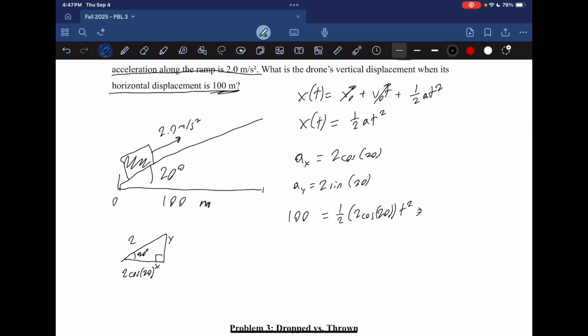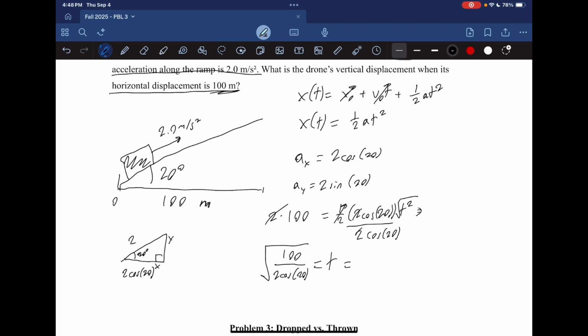We multiply both sides by 2 to get rid of the 1/2. And then we will actually just go ahead and divide by 2 to get rid of this one. So both of those cancel. And then we'll divide by cosine of 20. So we end up with 100 over 2 cosine of 20. And then we need to square root this to get rid of the t squared, equals t.